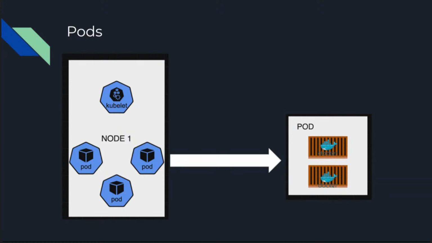Let's imagine a giant server with 500 cores and 20 terabytes of memory. You can set up many different virtual machines, and you can run many different nodes in it.